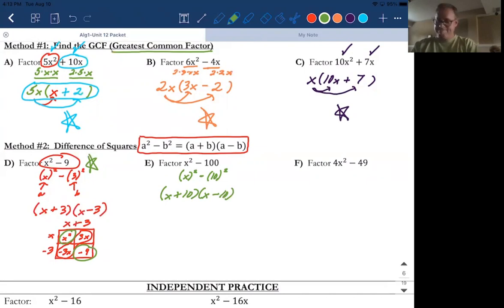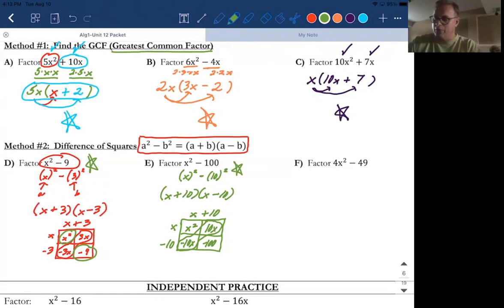Do you trust it? Well, it's only the second time you've seen it, so you might be a little skeptical. So I'll prove it to you really quick. Look at that. Middle terms, 10x plus negative 10x, gone. x squared minus 100. You bet.